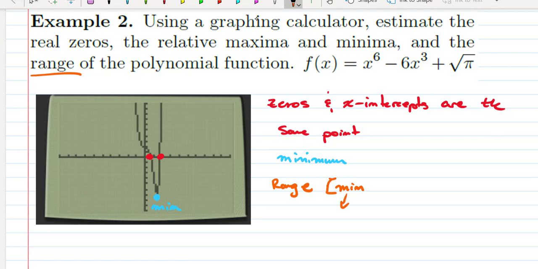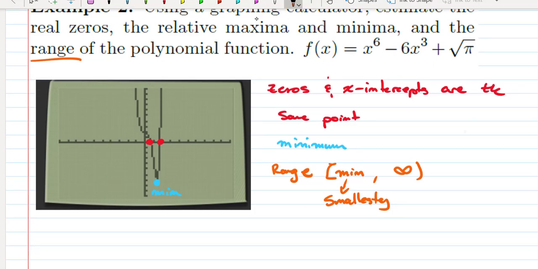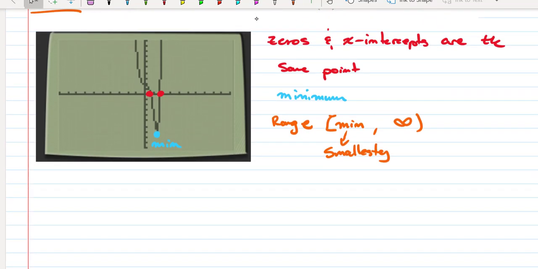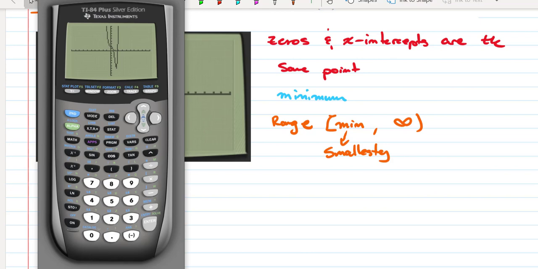So this is going to be our smallest y. And then it's going to go up forever, so to infinity. So these things are going to be a little bit related, and finding the minimum and the smallest y will help us find the range. So we can do all of this on our graphing device.